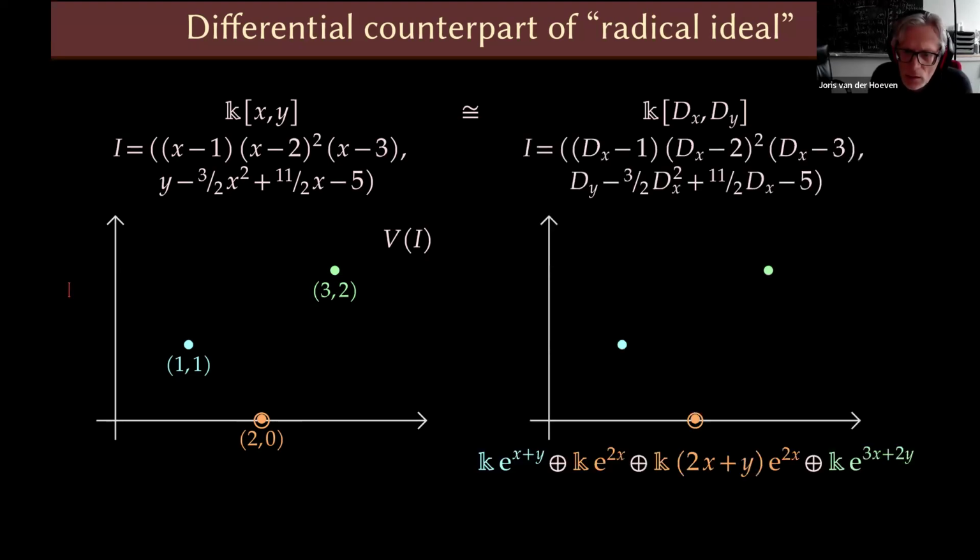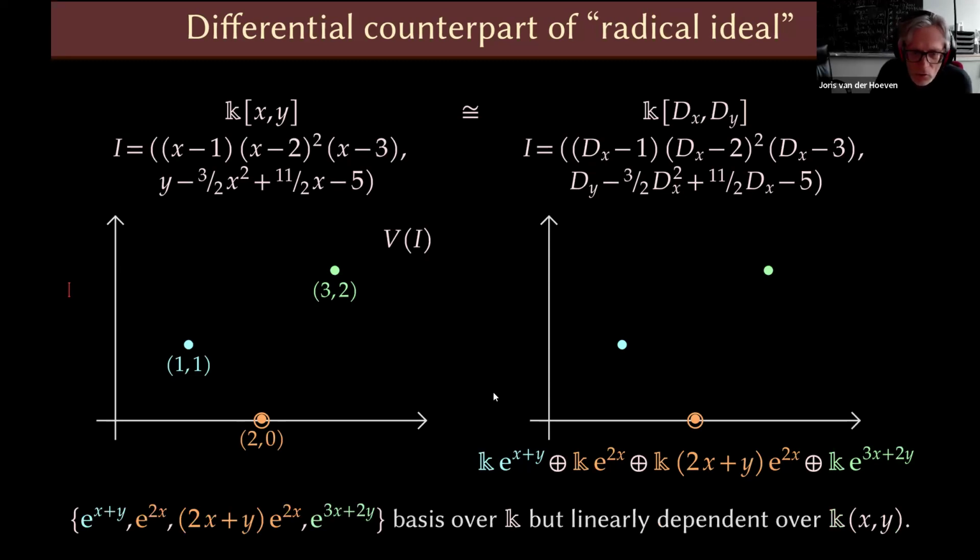And on the right-hand side, what happens is that we then also get two linearly independent solutions. One is still the e^(2x) that we had before, but now we also have a second one, which we see here. So there is a polynomial in x and y coming in to describe it, and as it turns out, this always happens like that.